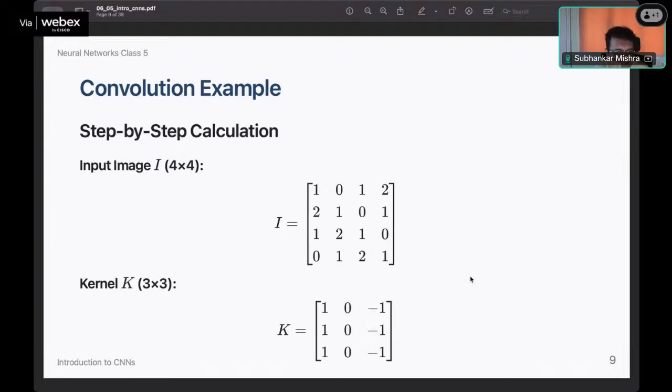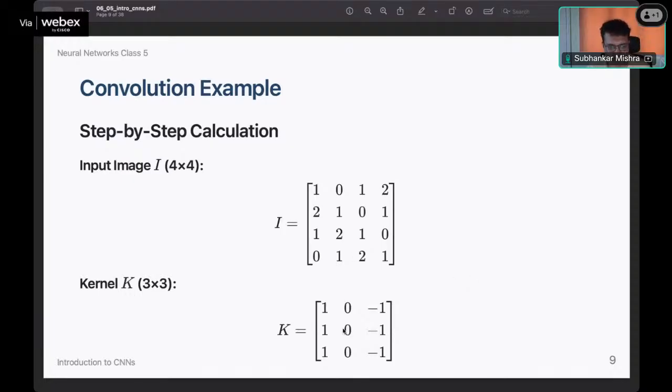So now what we have is an input image. Let's say it's a 4 cross 4 matrix, because images eventually are numbers. You can assume this is a gray image, where 0 is black, 1 is gray, and 2 is completely white.